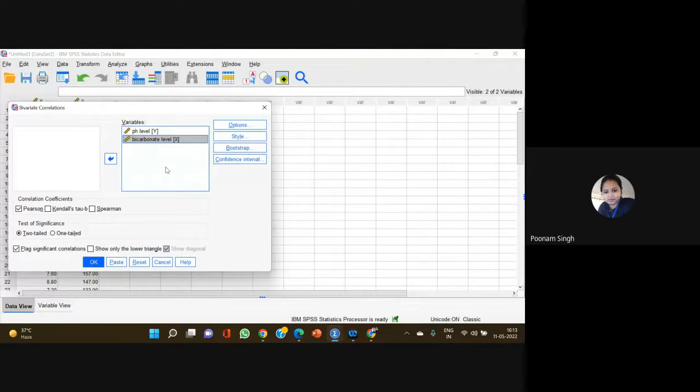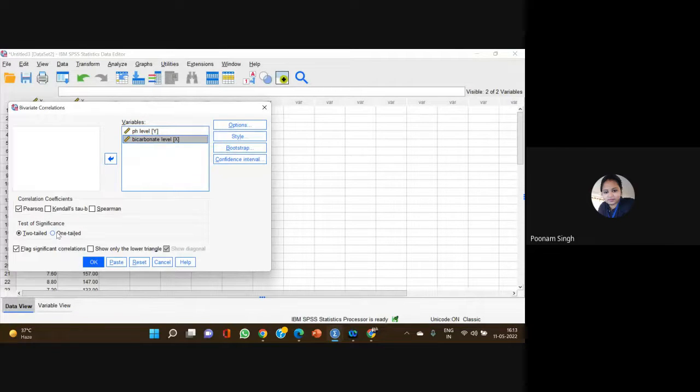So we have moved both the variables to the variable section, and now we have different options also. We will go to the test of significance. We are doing a two-tailed test, rho not equal to 0 considered. Why this test of significance is done, I have told you.